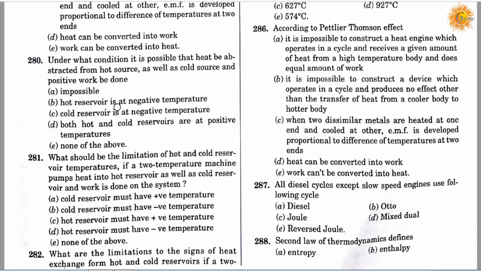Option B, hot reservoir is at negative temperature. Option C, cold reservoir is at negative temperature. Option D, both hot and cold reservoirs are at positive temperatures. Option E, none of the above. So correct answer is B. Hot reservoir is at negative temperature.